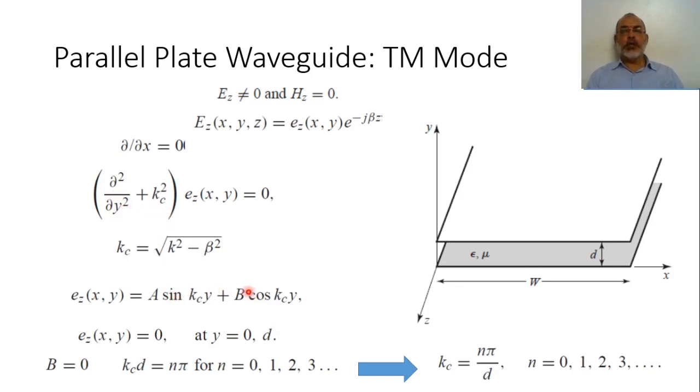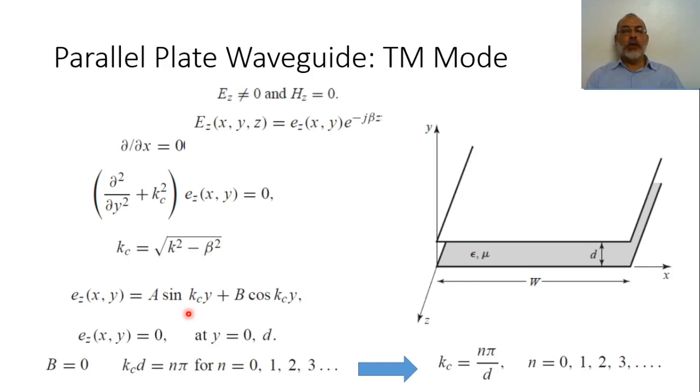So these two independent solutions represent the solution of this partial differential equation. Now it is required to determine the factors a, b, and also we don't know kc. Okay?